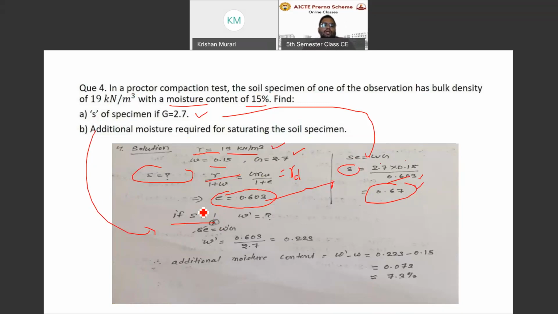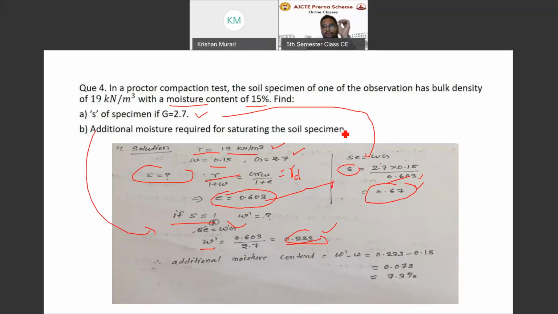In that case we put the value S equals 1 in that formula. So what is the water content w' required? Here the required w' value is e upon G, that is 0.223. That is the water content required for the soil to be fully saturated.